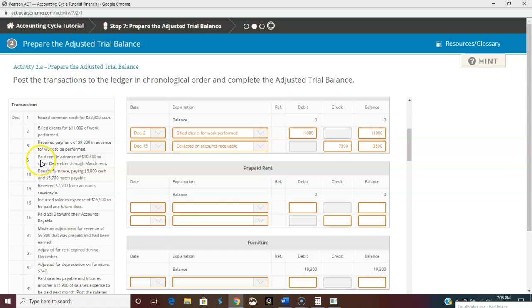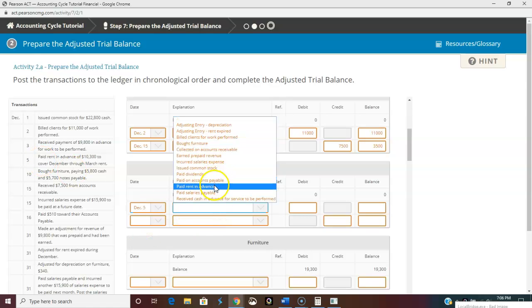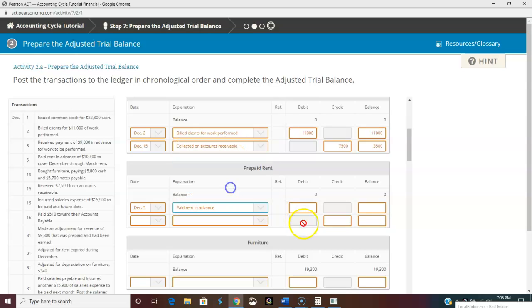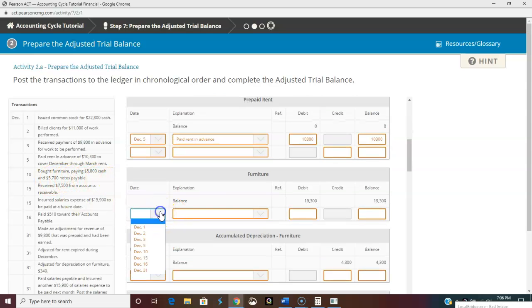Okay, prepaid rent on the 5th. And it's paid rent in advance is a debit of 10,300. So the balance is 10,300. And then we bought furniture. So the furniture we bought on the 5th.